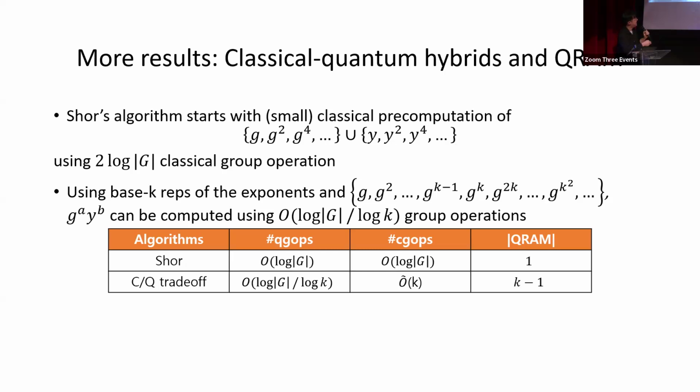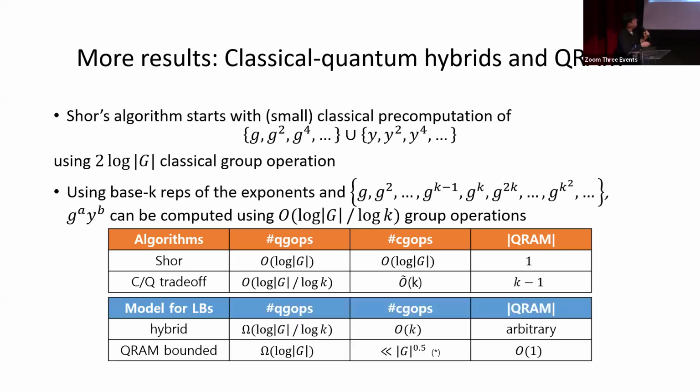We actually show that if we consider the classical pre-processing, then these are optimal. There is also something more about quantum random access memory, but anyway, we can show that these are optimal if we consider the pre-processing model.